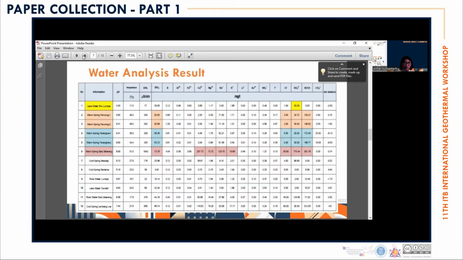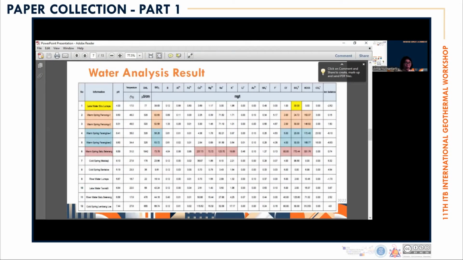And then this is the water analysis result. We can see that the warm spring of Batu Belerang, which is located at an altitude of about 1,400 meters above sea level, has dominant sulfate around 770 milligram per liter, followed by bicarbonate around 300 milligram per liter, chloride 18 milligram per liter, and silica around 73 milligram per liter.